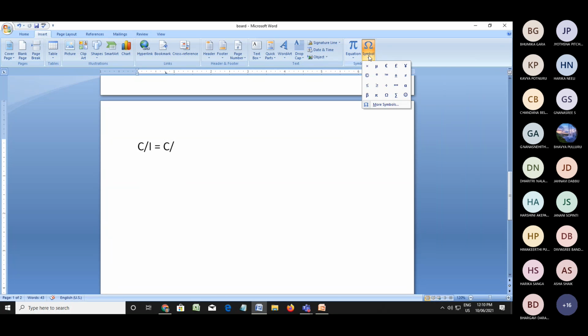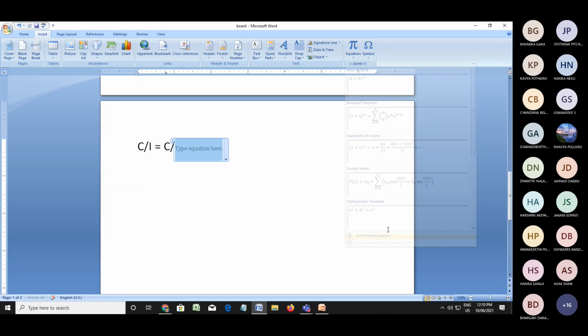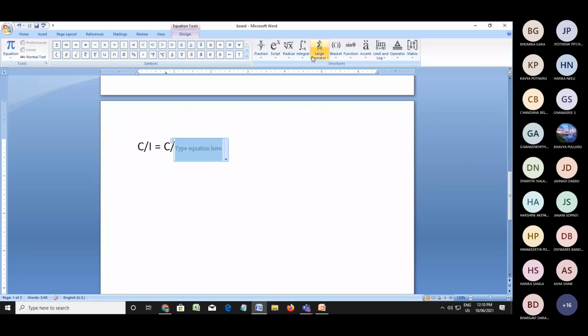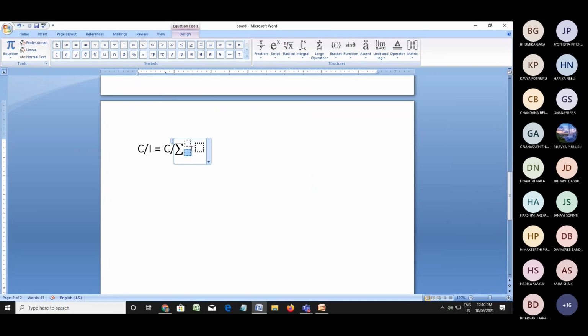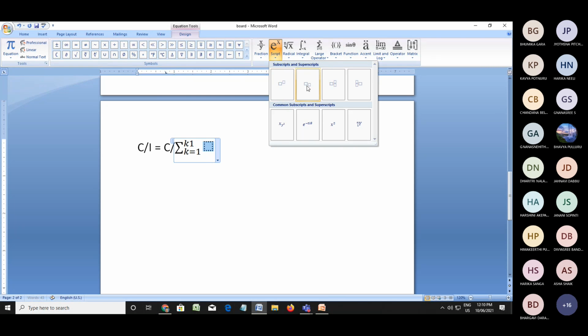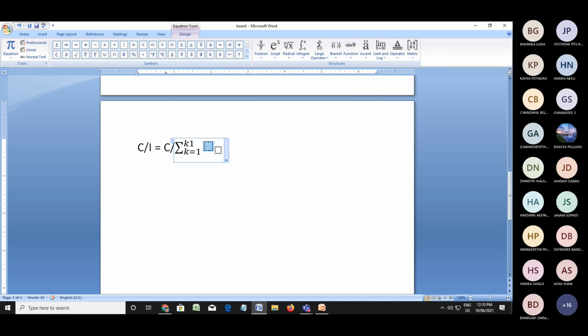New equation. Go for the summation, k equals 1 to K1. What is K1 here? First tier. And again I will go for Ik.